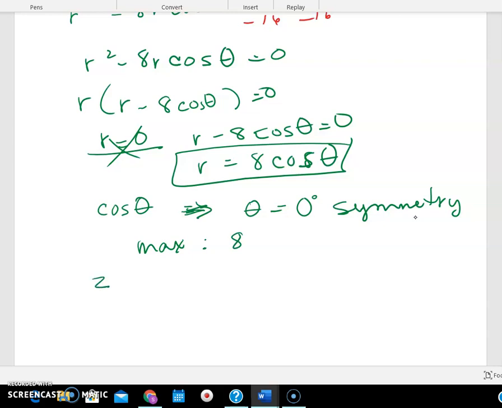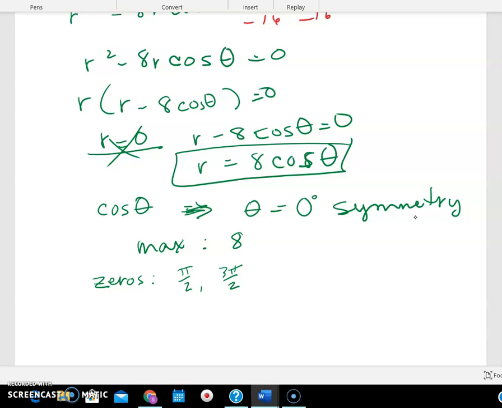Where would it have its zeros? Well, it would have its zeros where theta is equal to pi over 2 and 3 pi over 2, because that's cosine of 0 there.